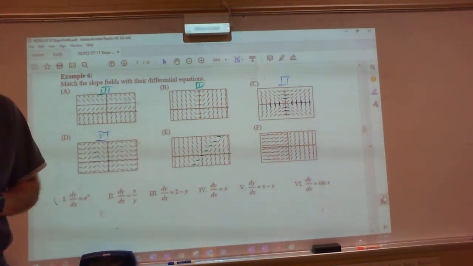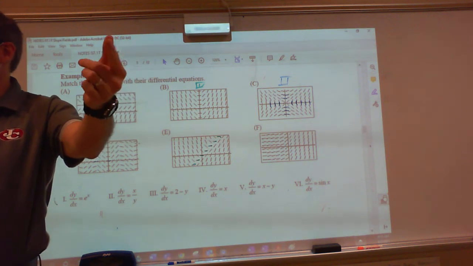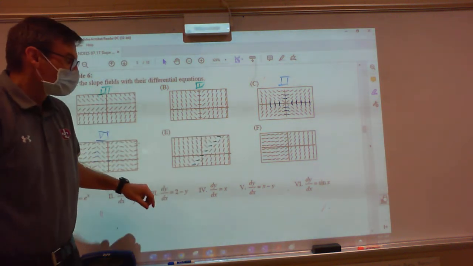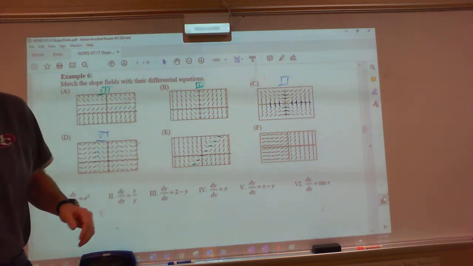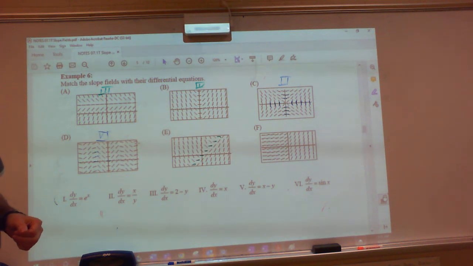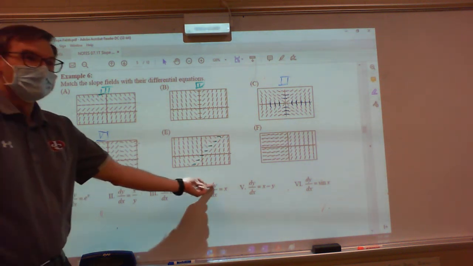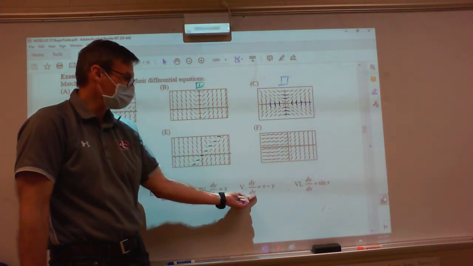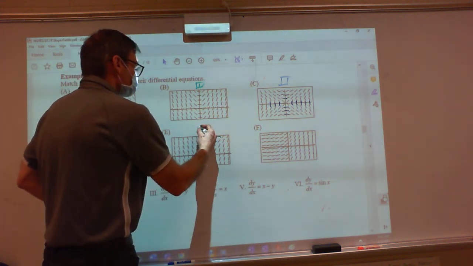When both x and y are the same number: 1, 1, 2, 2, 3, 3, 4, 4. So based on that, which one of these choices gives us a slope of 0 when x and y are the same number? Do you see that? Okay. So that ends up being choice 5.